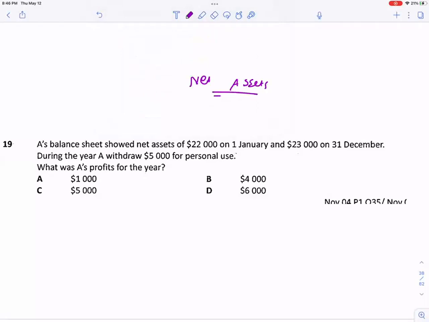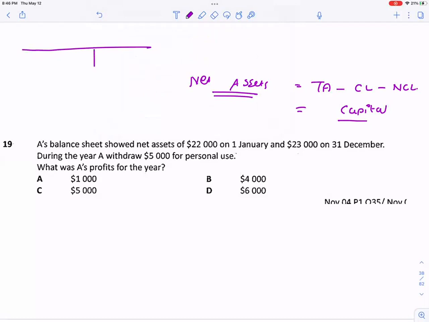Net assets means total assets minus current liabilities minus non-current liabilities. That means net assets gives you your capital.